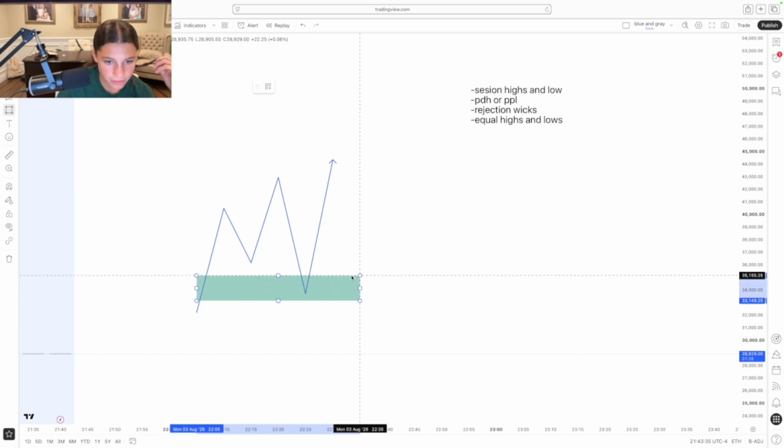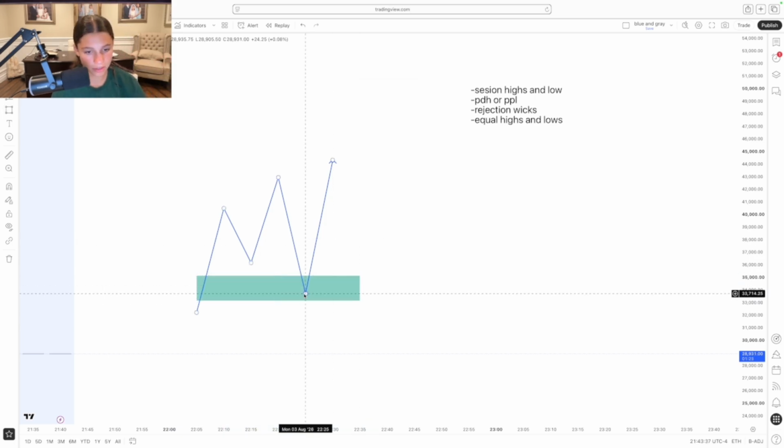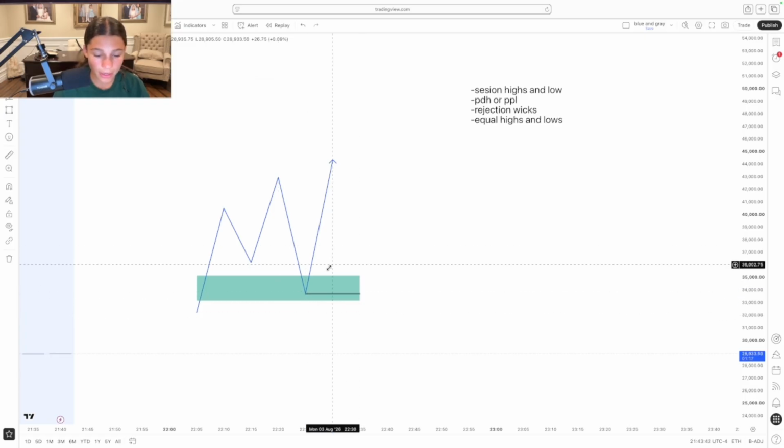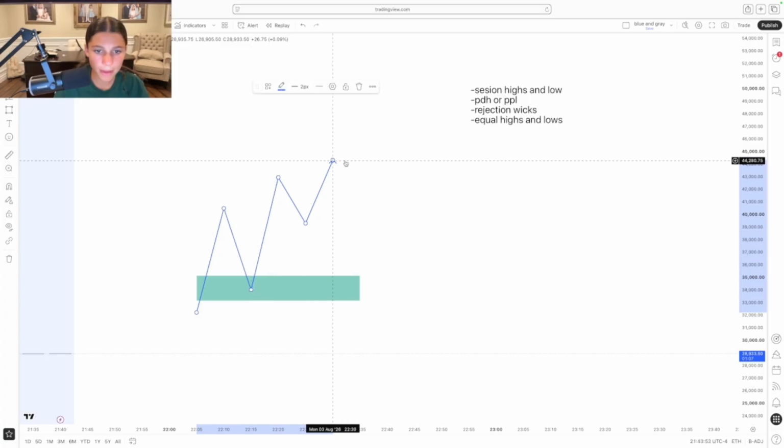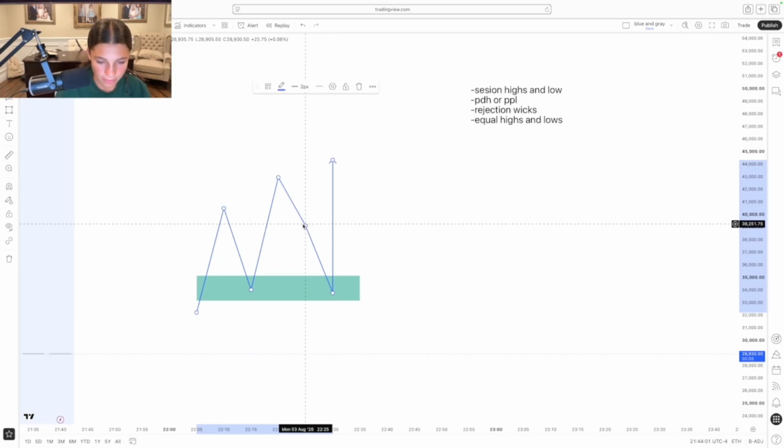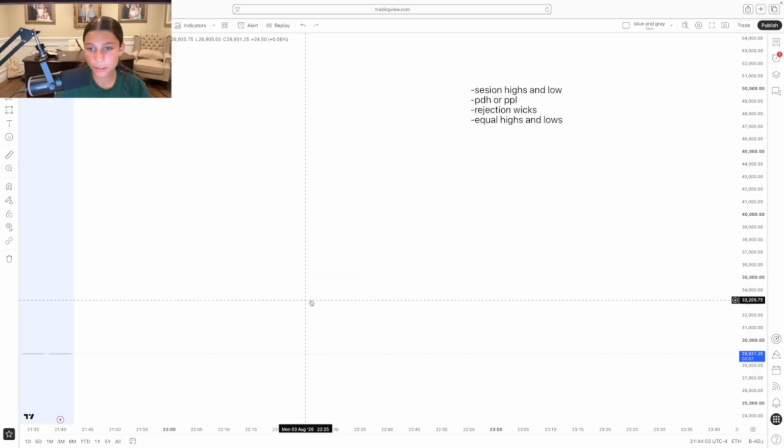We rejected off this fair value gap. This could be a key draw on liquidity. And then later in the market, we might want to come back down and hit this. Or a rejection wick could look like this, and then we come up, and we could always come back down and come back up. That could also be a possibility. So you always have different possibilities, and I will show you each example.